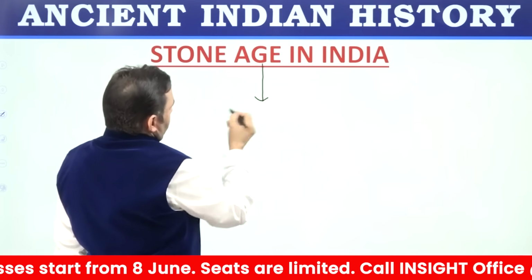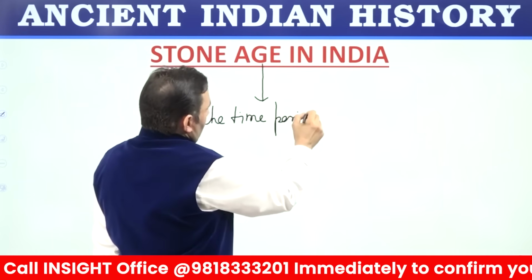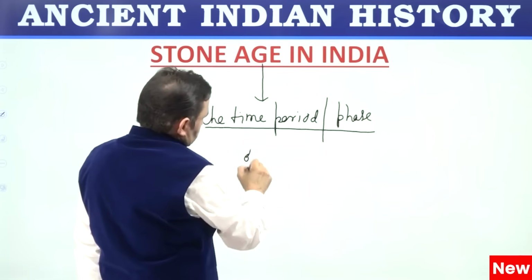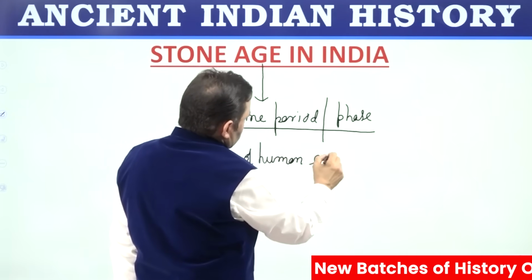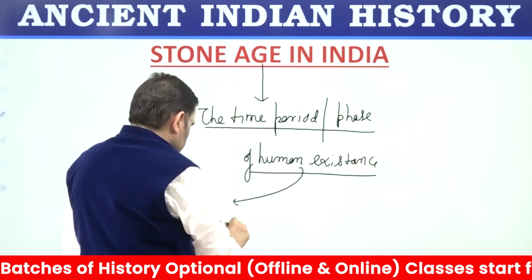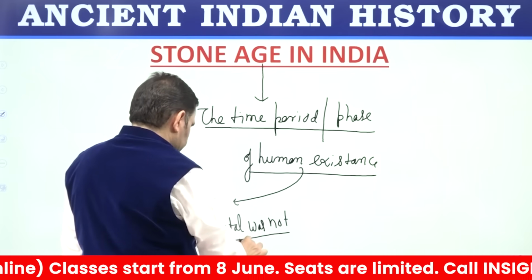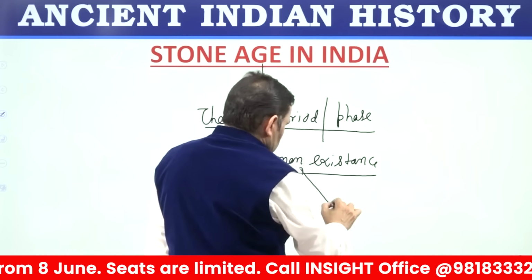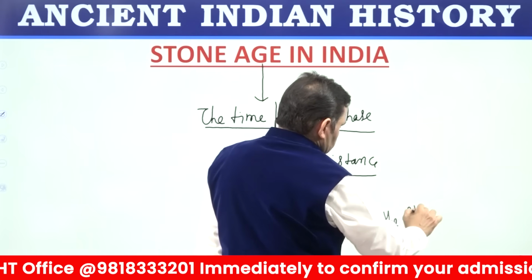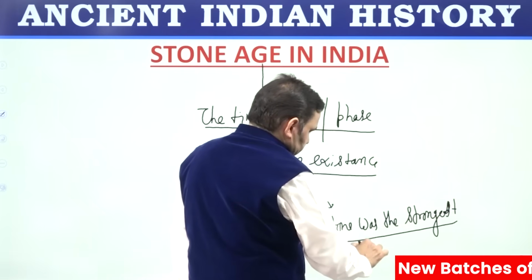Stone Age means the time period or phase of human existence during which metal was not known, and secondly, stone was the strongest material. Stone was the strongest material used by mankind.